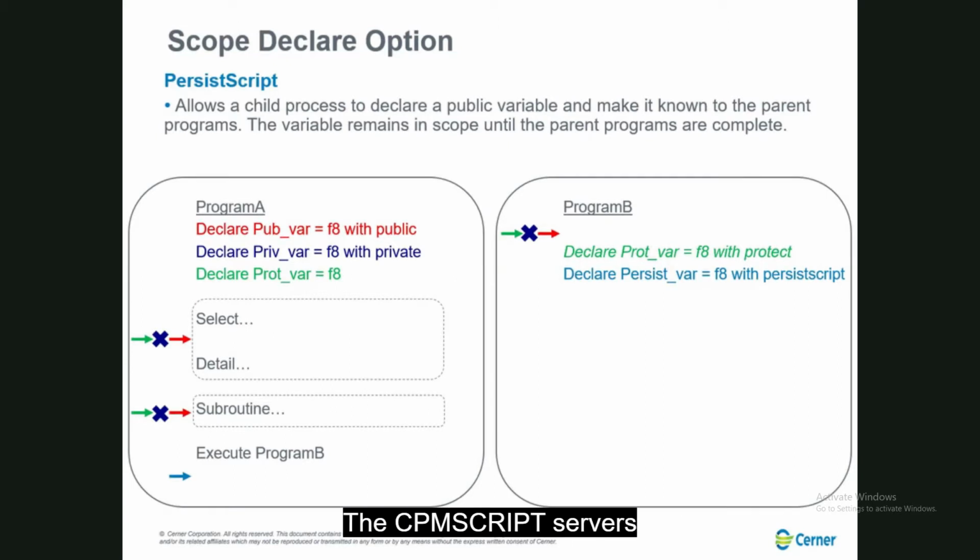The CPM script servers have a trace enabled that forces persist to act like persist script. It is very unlikely that you'll need to use persist, and depending on what server is running your program, you may be blocked from using it. Persist Script is the preferred method to allow a variable to persist to a parent script.